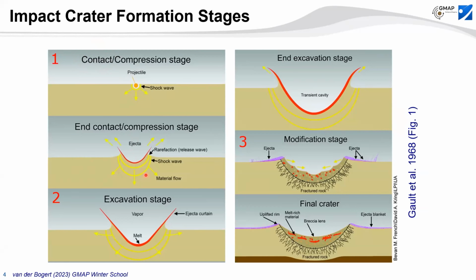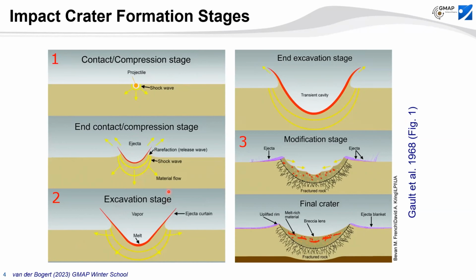Then there's a reflection of this shock wave called a rarefaction or release wave. And this is the point at which you start to move into the next stage, called the excavation stage, because this rarefaction wave starts to push material back out of this hole that has been forming.